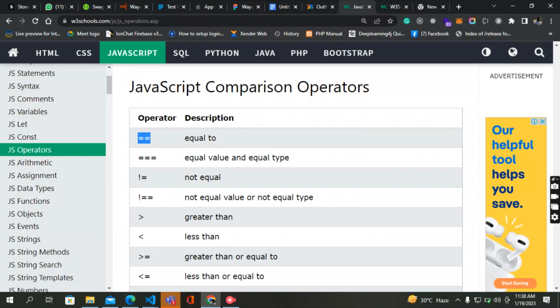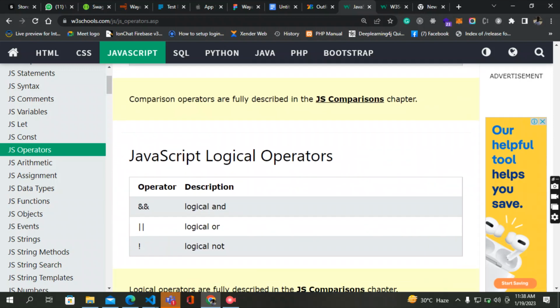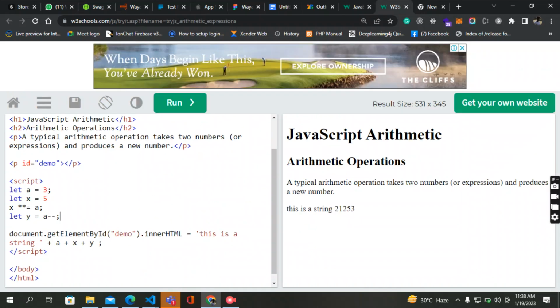Let me check if we have a sample. Okay, let's quickly use this place as our example, and we can say Y should return A. It will return a boolean value. So if we say A equals X, that means we are saying false.